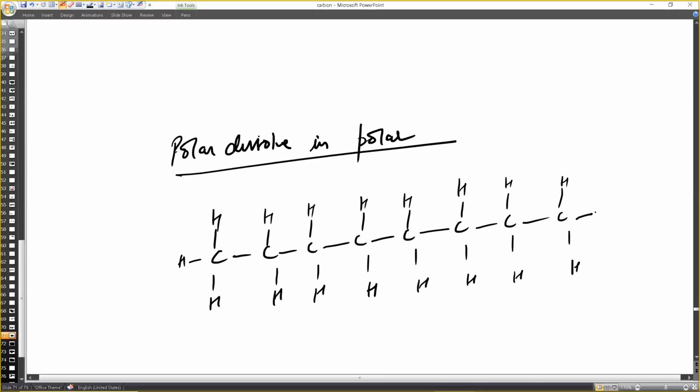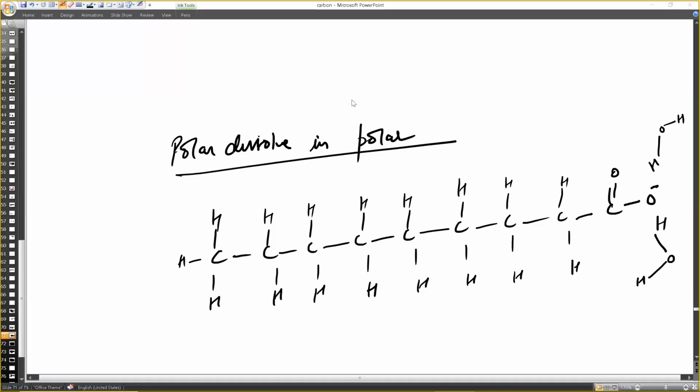And what if I add to this one COO minus, COONa or COO minus? So this is negatively charged, like if I'm having C double bond O and then O minus charge here. So it will be negatively charged. This negative end will be attracted more easily to the positive end of the water molecule.